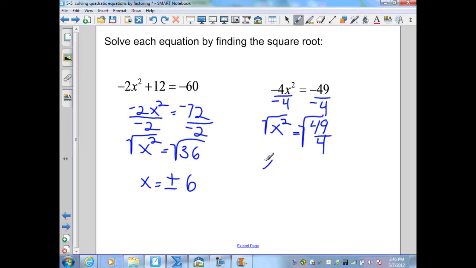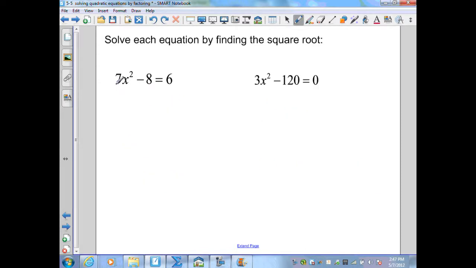And when I do, that gives me x equal to, and I can simplify this to look like this, the square root of 49 over the square root of 4. Or I could leave it under one radical. In either case, that gives me plus or minus the square root of 49 is 7 over the square root of 4, which is 2, plus or minus 7 halves.